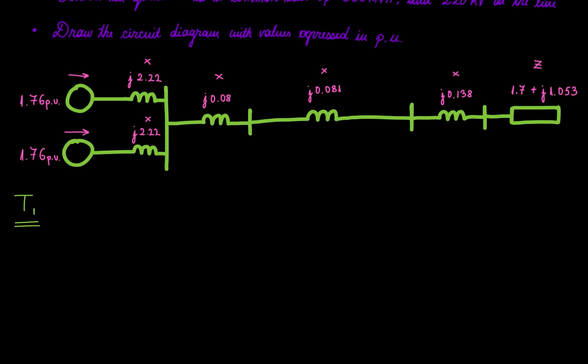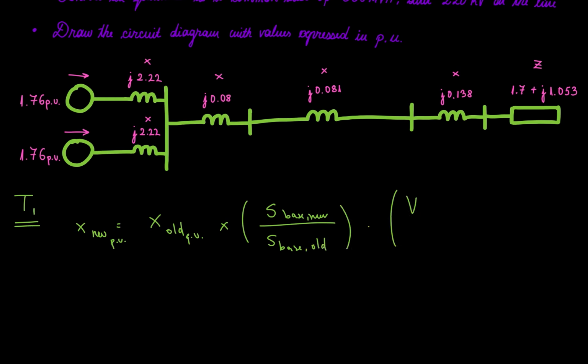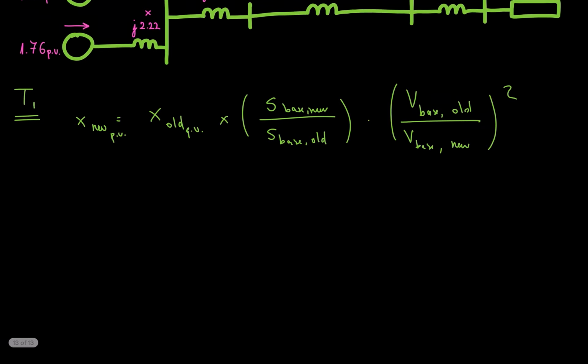So you can say that the new reactance in per unit is going to be the old reactance in per unit times S base new over S base old times V base old over V base new squared. Very useful formula to remember.